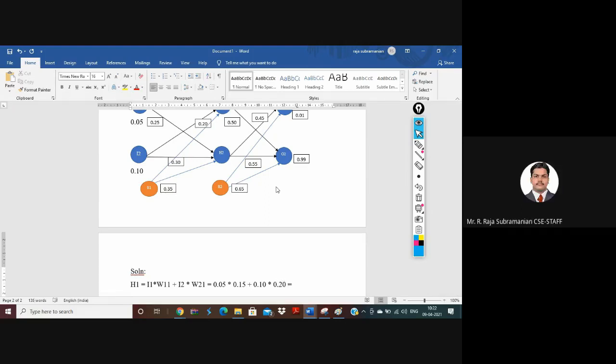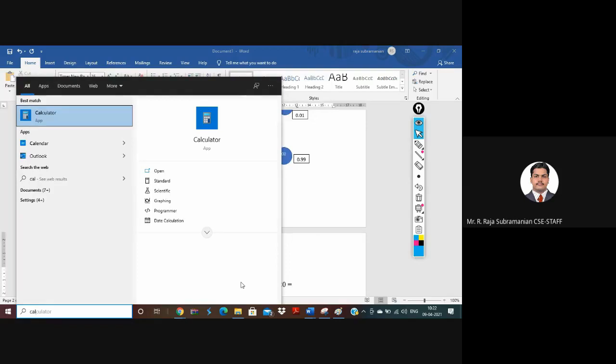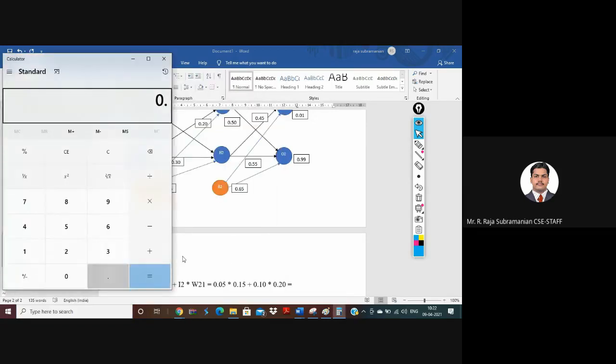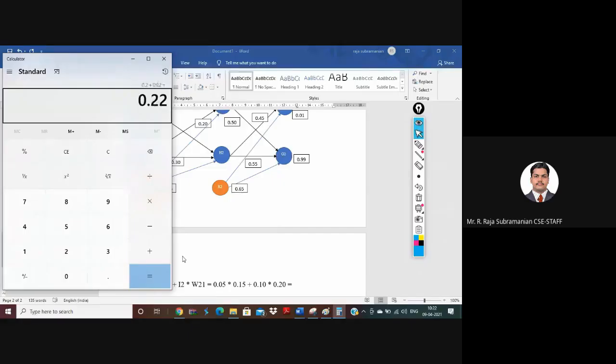So what will be the H1 value totally? 0.05 into 0.15 plus 0.02. Am I right? This is right. The H1 value, 0.22 is the H1 value. Am I right? Yes or no?